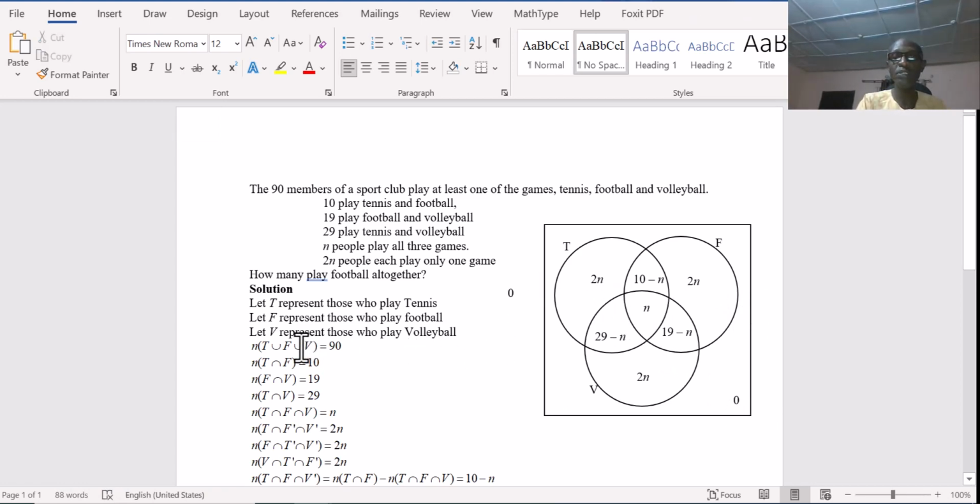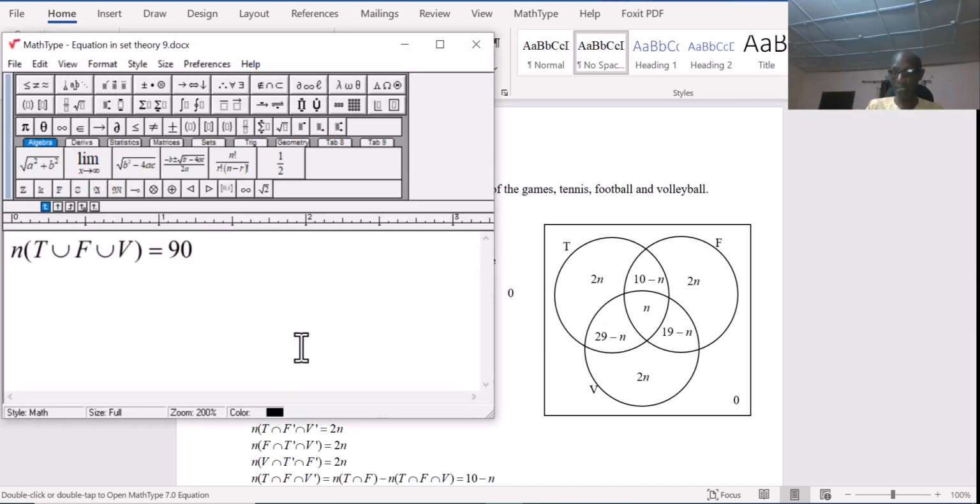So what it means is that we can say, since they are interviewed, it's not in all cases, but for this particular case, since all the people that we have interviewed play at least one of the games, it implies that the universal set is equals to T union F union V. This is what this statement implies.